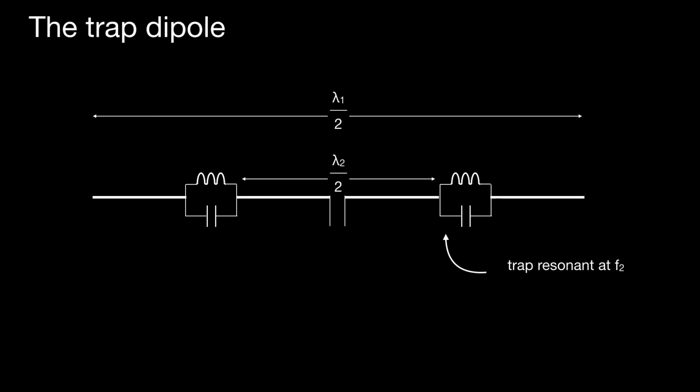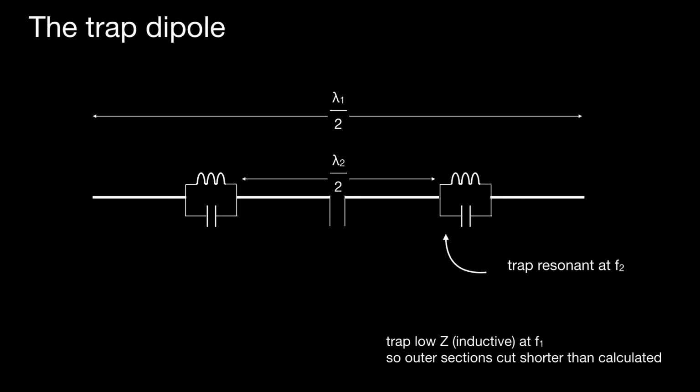But if we reduce the frequency down to 7 megahertz, then the parallel tuned circuit is no longer resonant. It was resonant at 14 megahertz. It is not resonant at F1. It simply looks like an inductor.